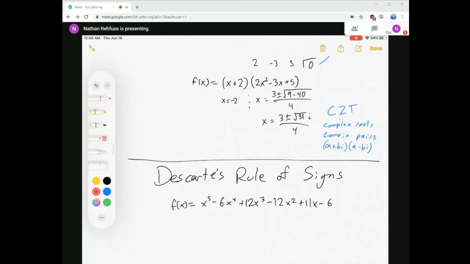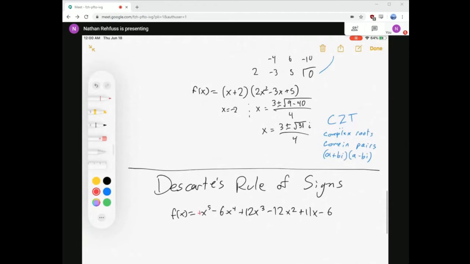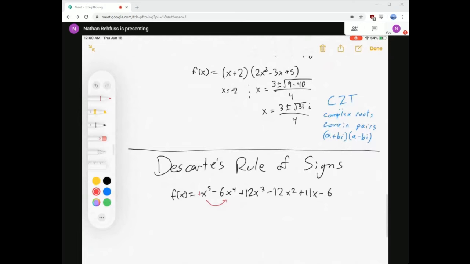It's where this term's positive, right? We go from positive to negative. That's a sign change. And then we go from negative to positive, and positive to negative, and negative to positive, and positive to negative. So René Descartes would say that we have 5 sign changes.